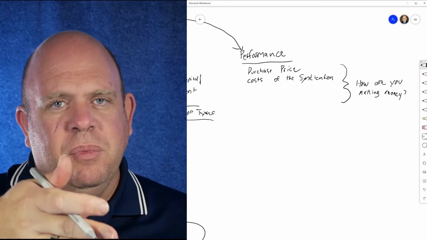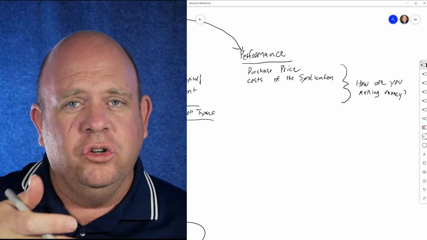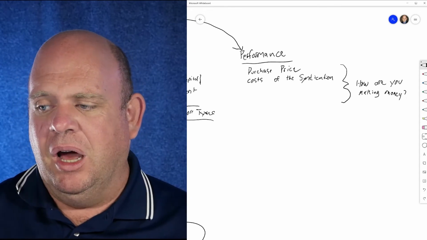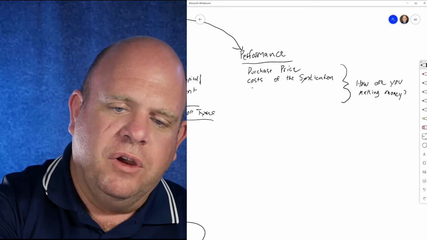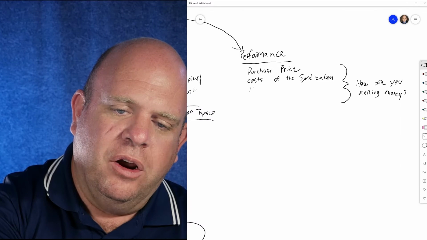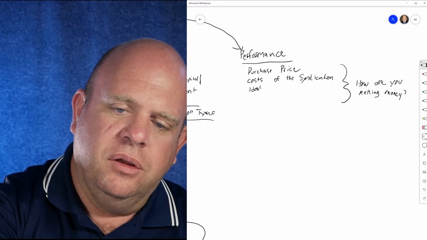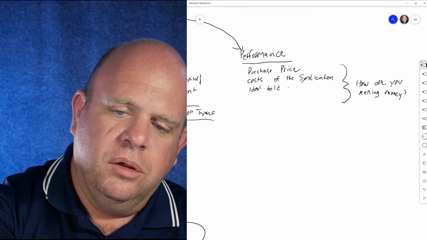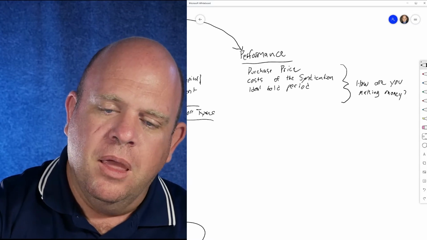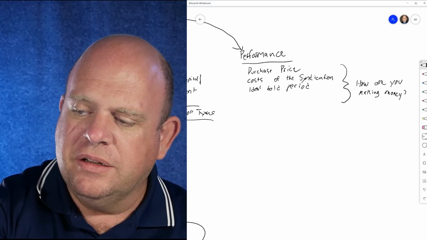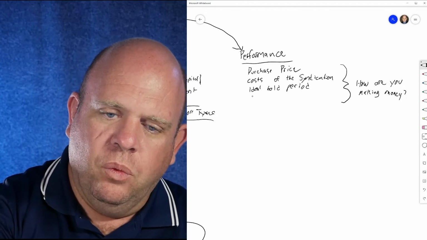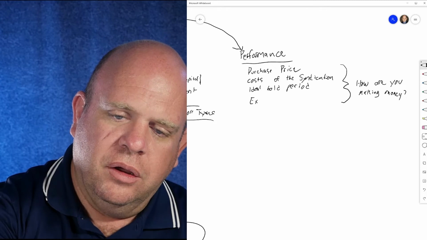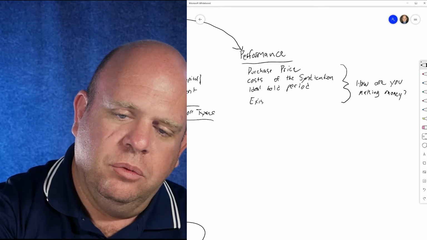Is my investor getting a good investment, and am I making money? So we've got the cost of the investment. We've got to identify what our ideal hold period is, and this is an assumption. And then we've got to figure out what our exit strategy looks like and estimate it.